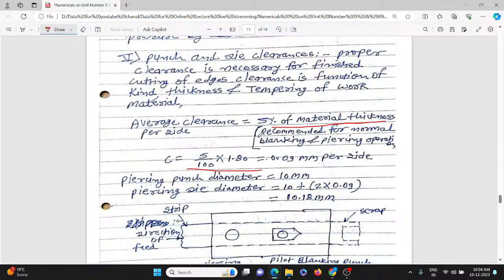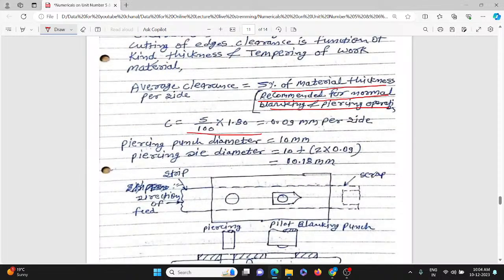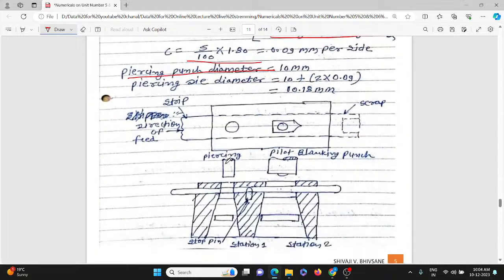This 5% of material thickness is recommended for normal blanking and piercing operations. Then the piercing punch diameter and the piercing die diameter can be calculated.